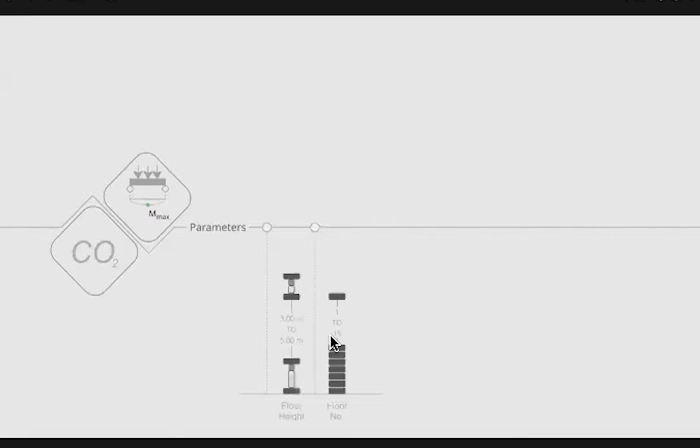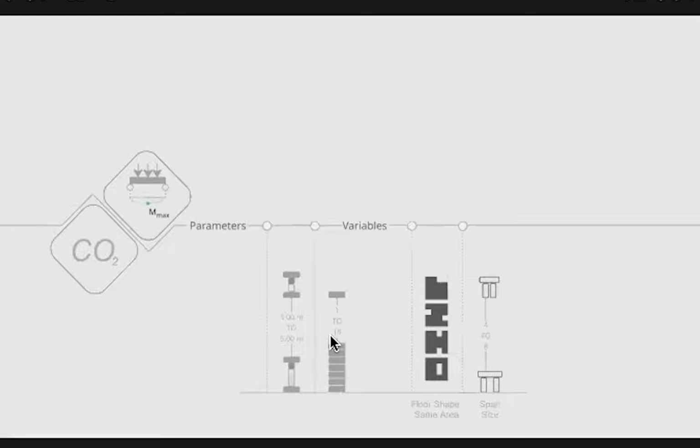Some of the data are parameters for us. One of them is floor height, and the other one is floor number. Those are factors that are changeable, but we cannot ask, okay, to reduce the amount of embodied carbon, have 2 floors instead of the 10 floors that you needed. So there are parameters based on what you need, but they are changeable, definitely based on what your project needs to have.